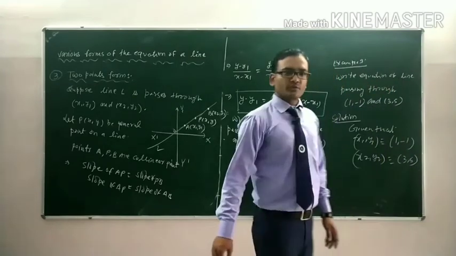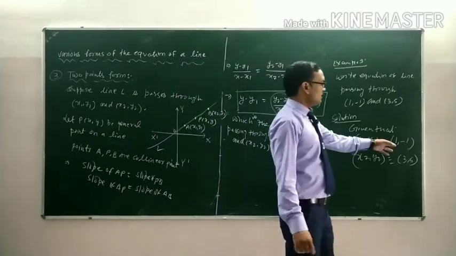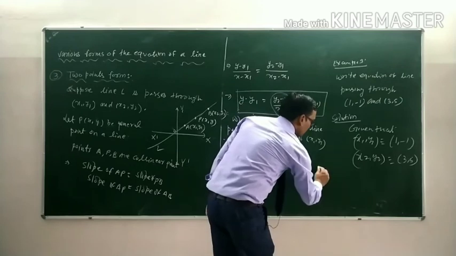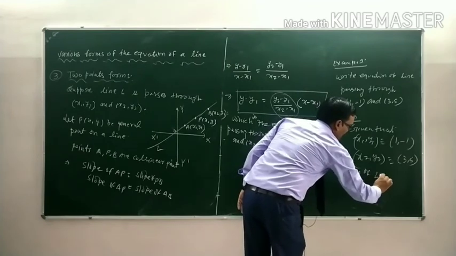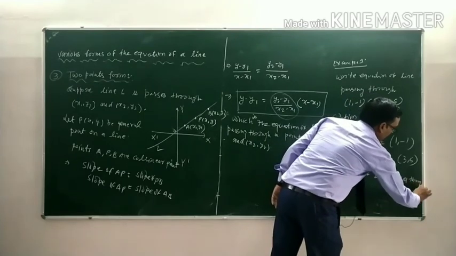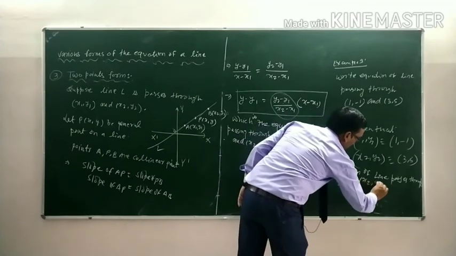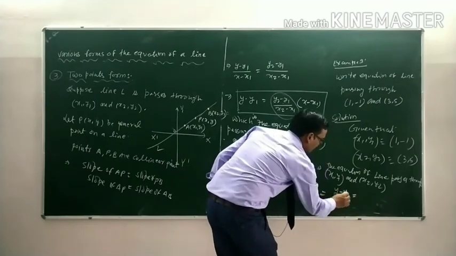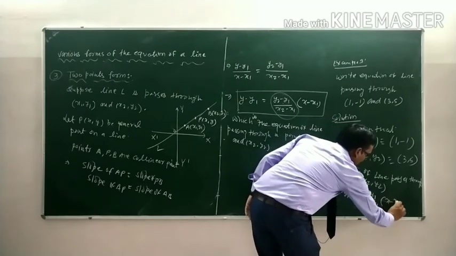Okay students, in this question the coordinates of two points are given: first 1 comma minus 1, and next 3 comma 5. Then we find the equation of the line passing through x1 comma y1 and x2 comma y2: y minus y1 equals y2 minus y1 upon x2 minus x1 into x minus x1.